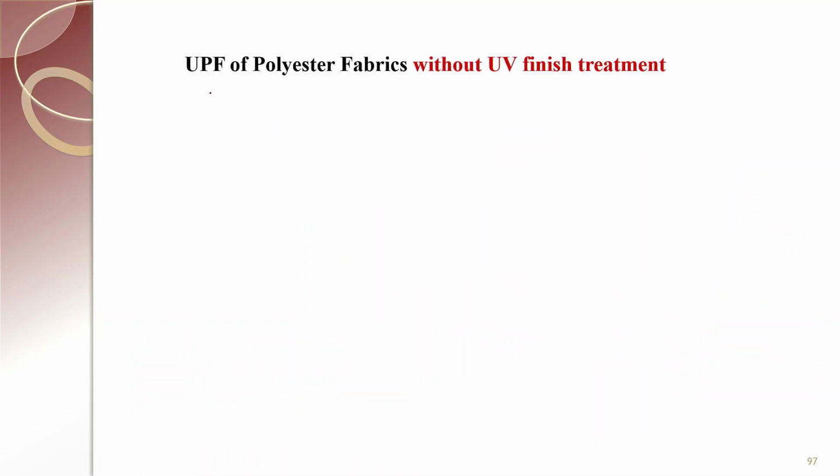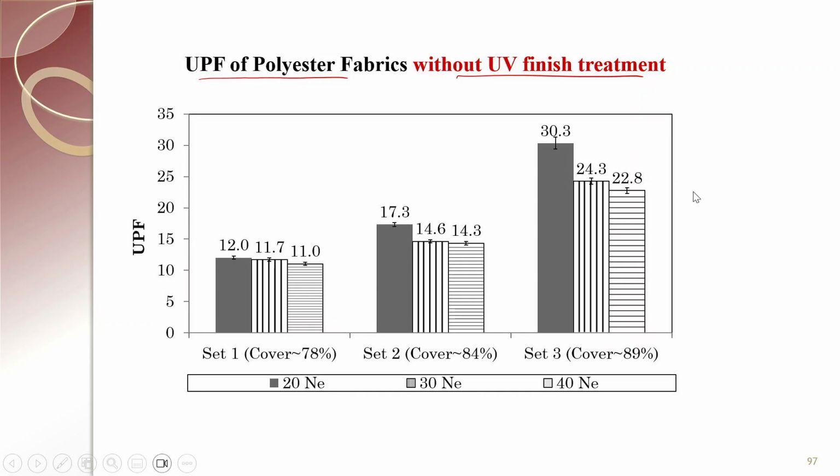Now, let us try to understand the UPF value, the UPF of fabric without UV finish treatment. Here we can see the UPF without treatment is reducing, as the fiber content reduces, because fabric areal density reduces and thickness reduces.